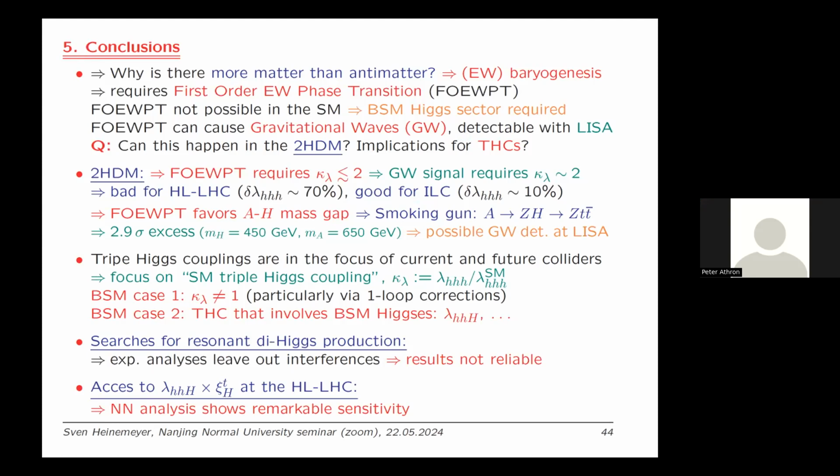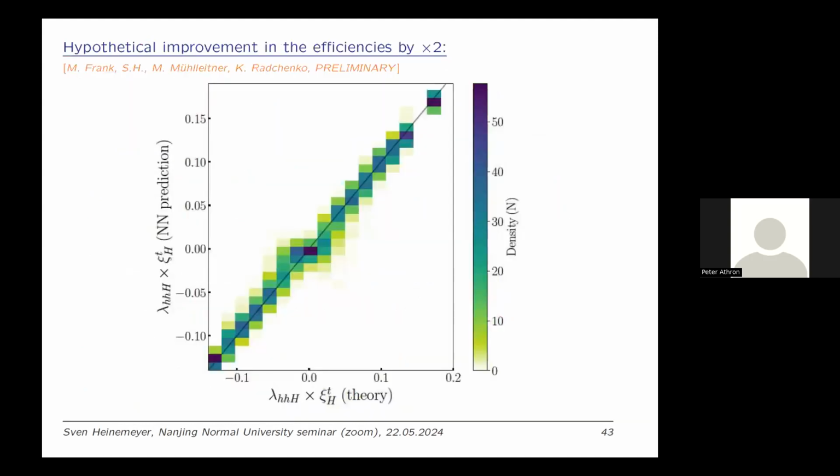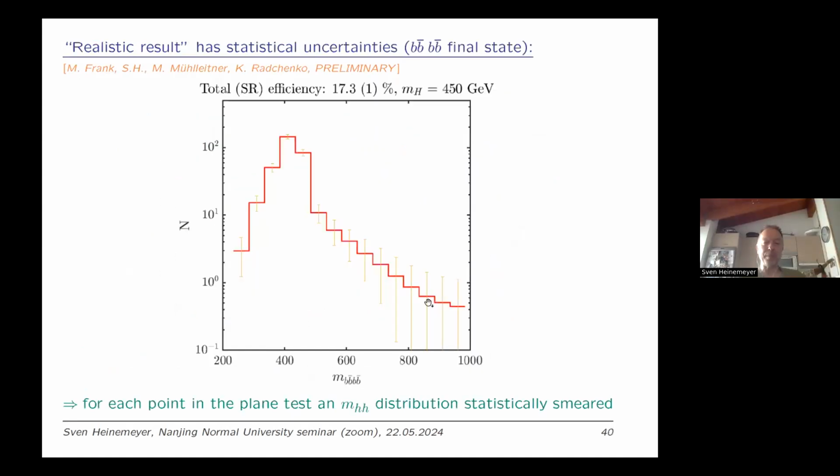Actually, just very quickly on the last few slides, you talked about the density of points. By density of points, you just mean from the scanning over the parameter space? Let me go back here. For each point in the parameter plane, we determined these uncertainties.